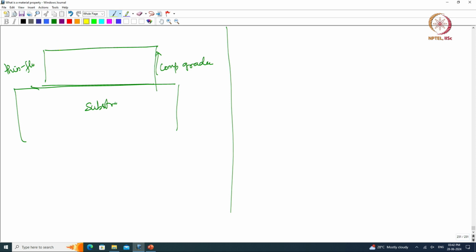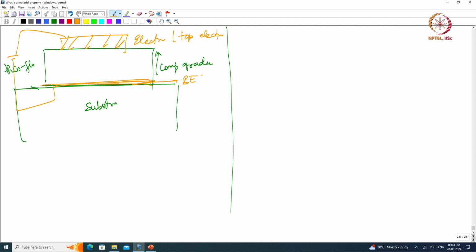I put a gold electrode, let me try the orange color. So this is the top electrode, and I have another electrode just underneath the film, the bottom electrode. Then I apply a bias between these two electrodes, because to measure capacitance I have to apply bias. So remember that this is a graded layer.